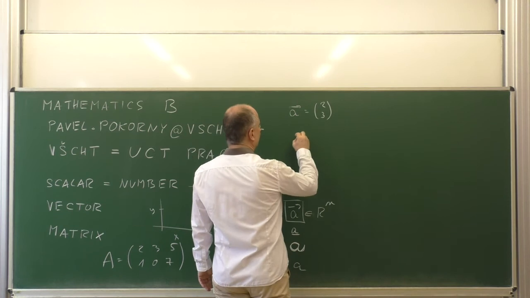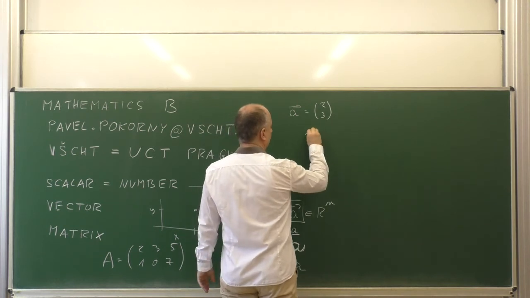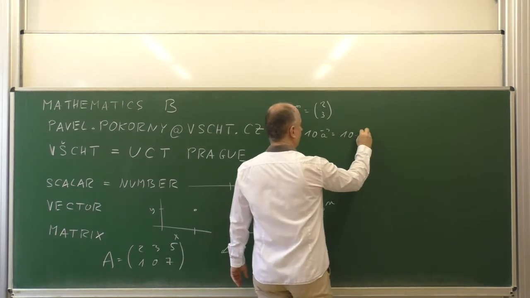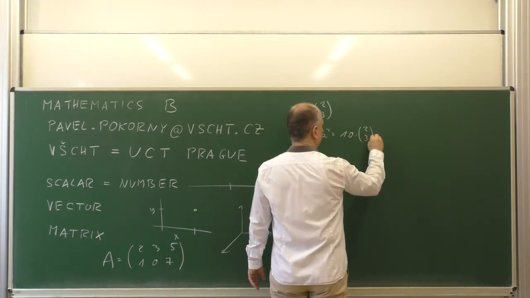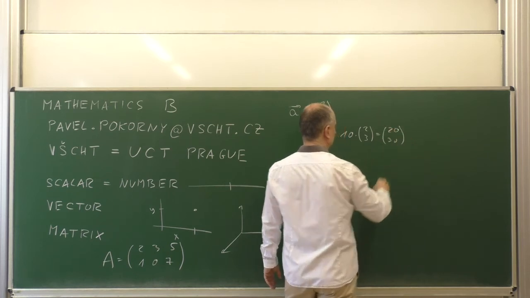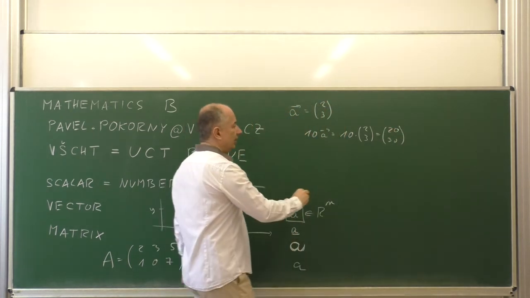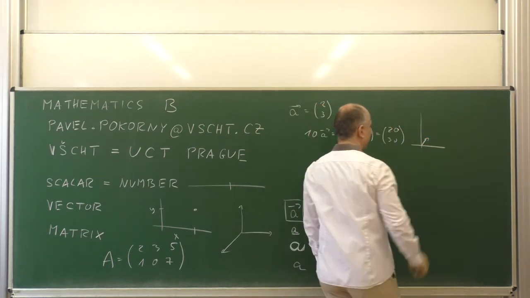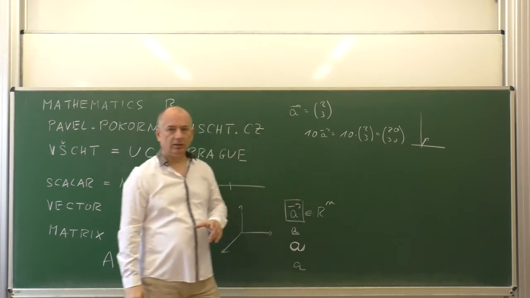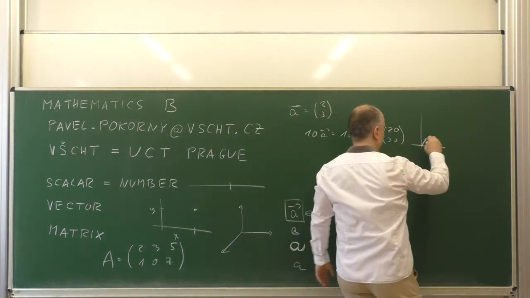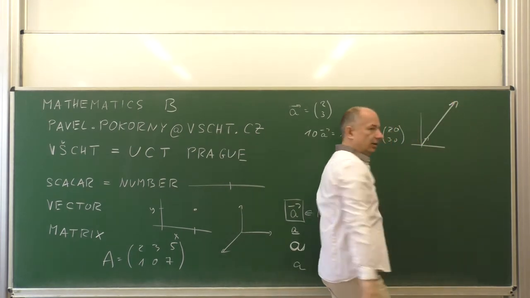And then we can multiply this, say, by 10. So 10 times the vector 2, 3 is the vector with coordinates 20, 30. Graphically, it means that if you have a vector like that, and you multiply the vector by a scalar that is greater than 1, then you make the vector longer, 10 times longer.